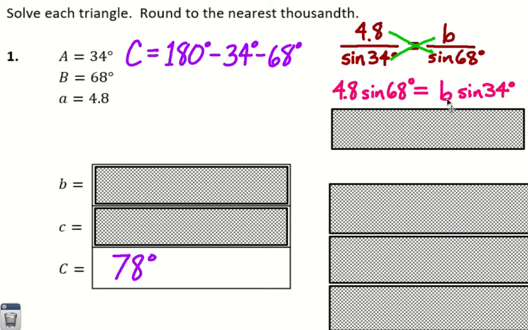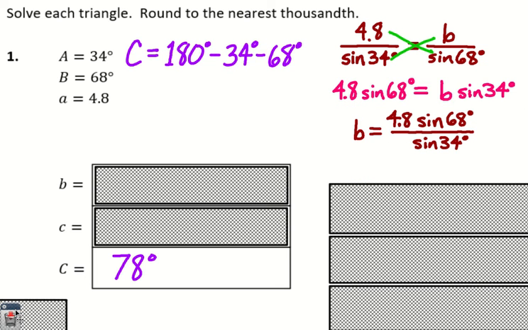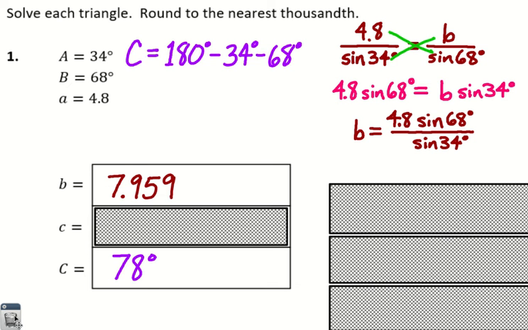Then solve for little b by dividing both sides by the sine of 34 degrees. You'll probably put this into your calculator all at the same time and get an approximated answer.